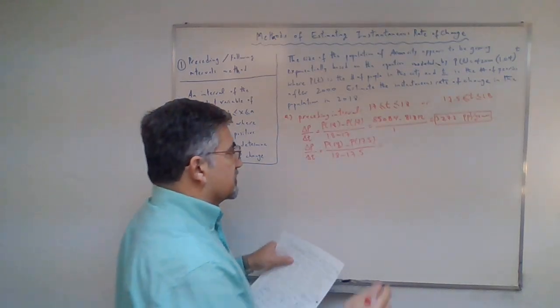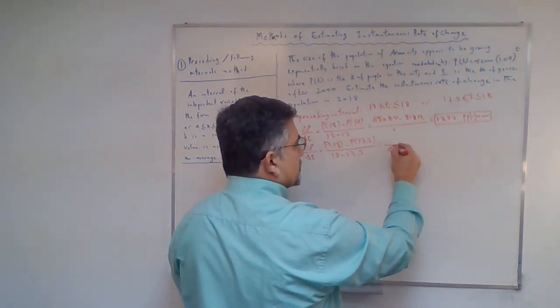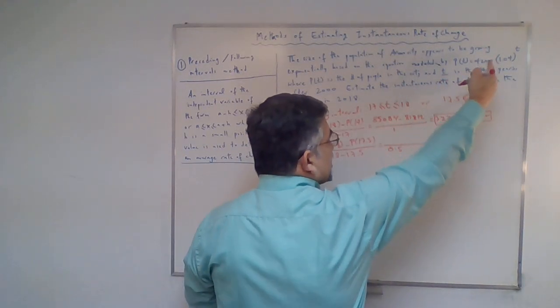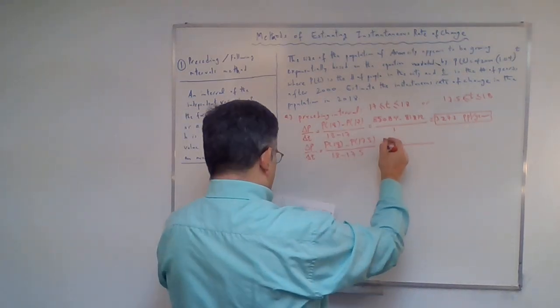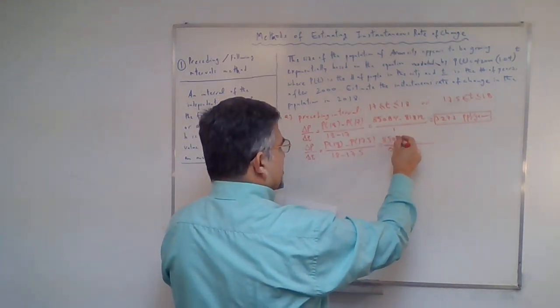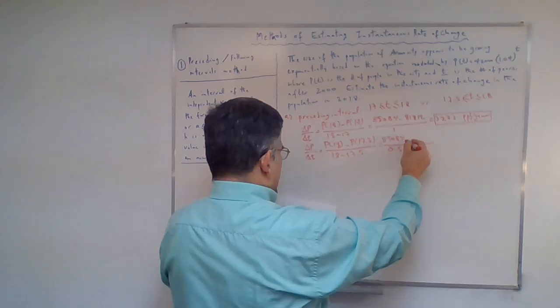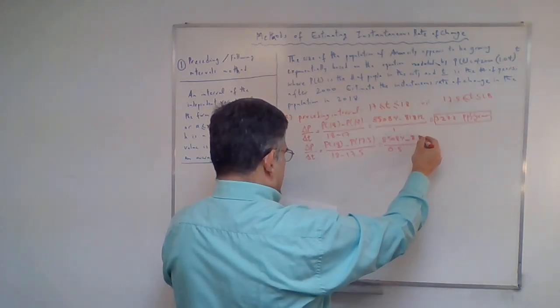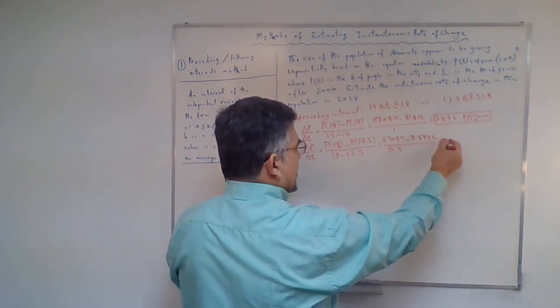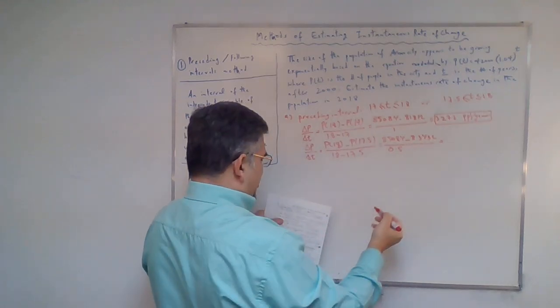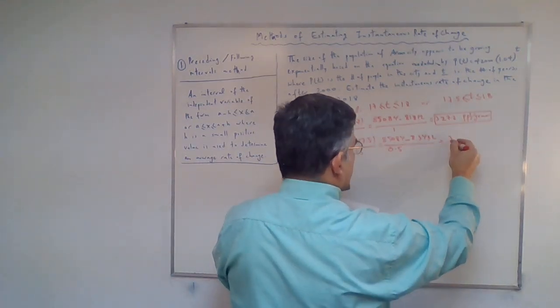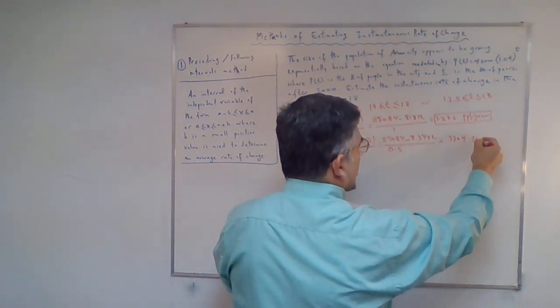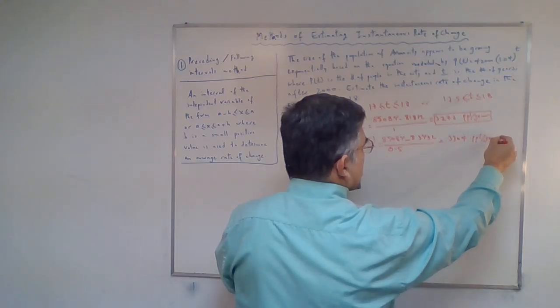If you use a calculator and plug in the values for t, you would get 85,084 for 18, and then 83,432. And when you divide by 0.5, you would get 3,304 people per year.